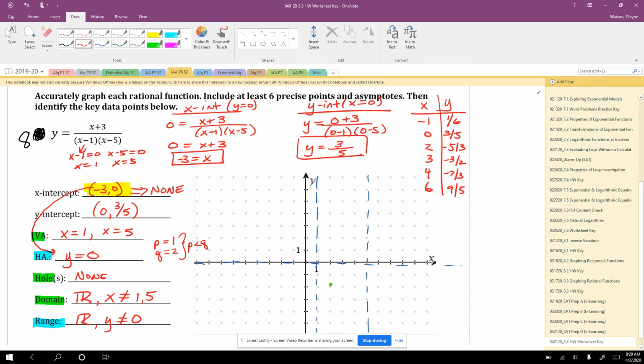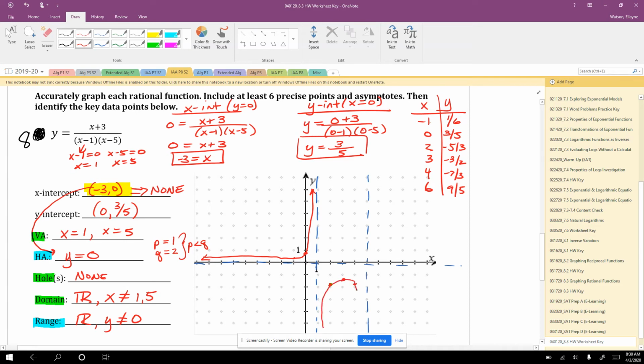It's going to look something like, see if any of these numbers look good. At -1, 1/6 is about right here. Okay, so you just have a branch that goes like this. And then 2, -5/3. Then -1/2.